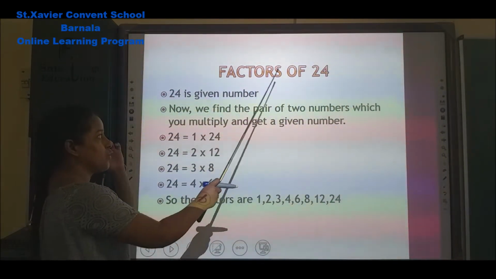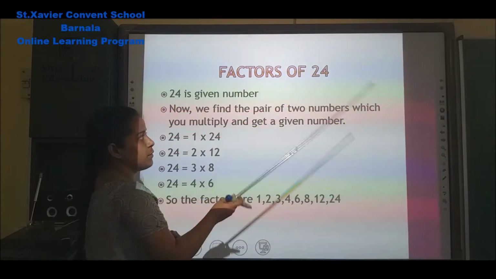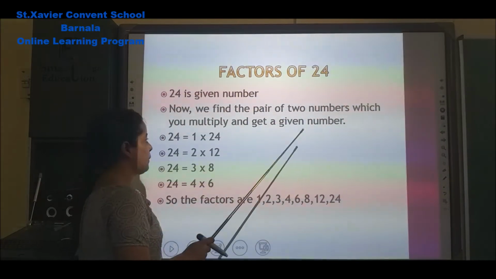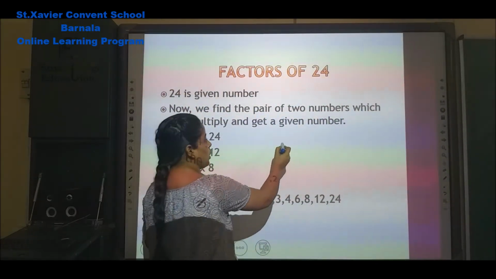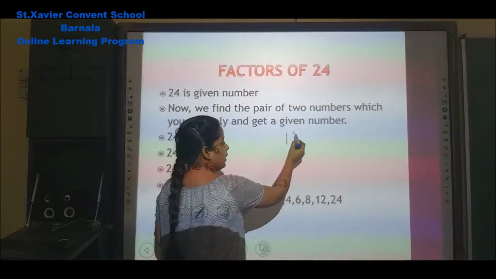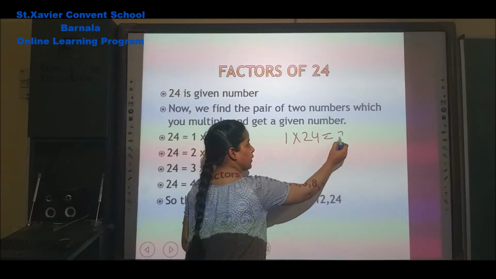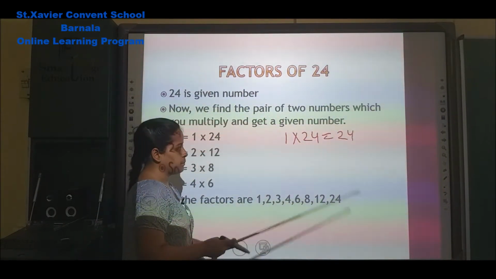Like this, factors of 24. First, 24 is the given number. So what do we do? First, we find the pairs of numbers which we multiply to get 24. First is 1. 1 multiplied by 24 is equal to 24. So our first pair is 1 and 24.